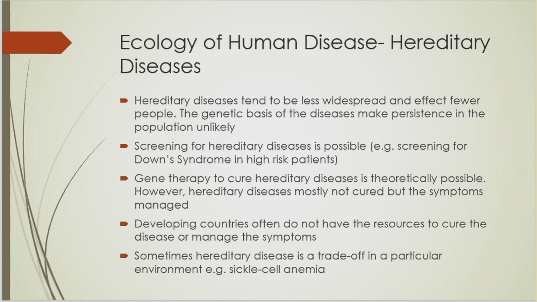Sometimes a hereditary disease is actually a trade-off in a particular environment, and it actually makes the person better able to survive in a particular environment. So for instance, sickle cell anemia, which is a hereditary disease, which causes the blood vessels in a person to be distorted.